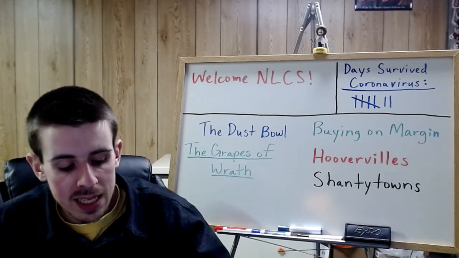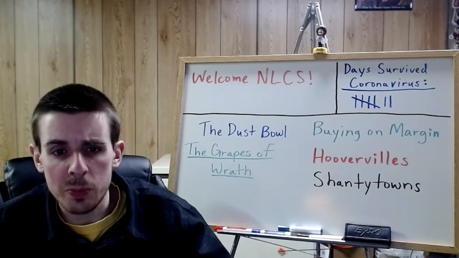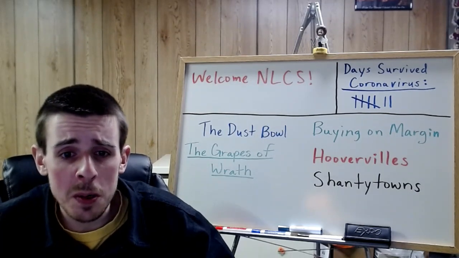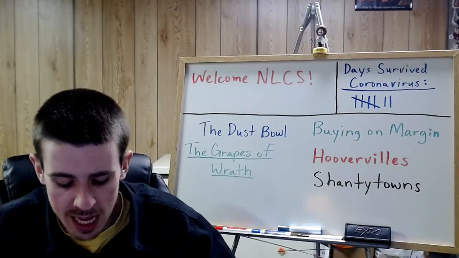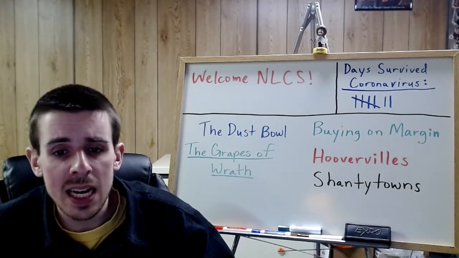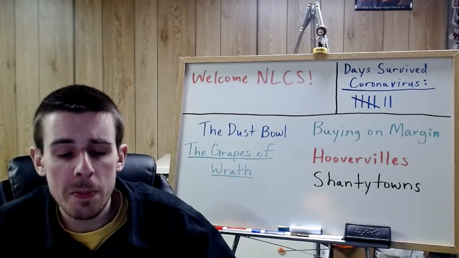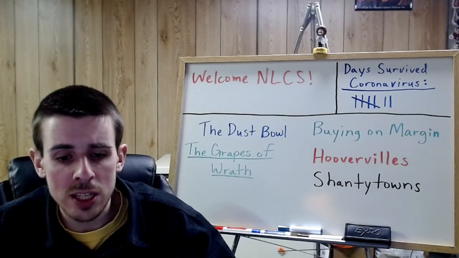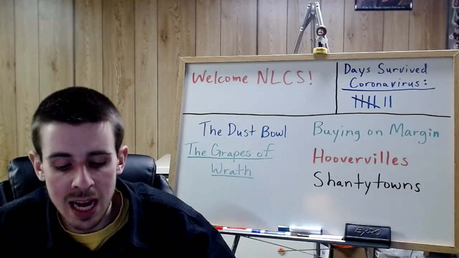So farming, again, farmers are hard hit by this depression because they weren't doing well before the depression. We had talked about that. They were doing really, really badly. They did not even have enough money to pay off their debts. So you can imagine how bad they're doing at this point, and it is not good.